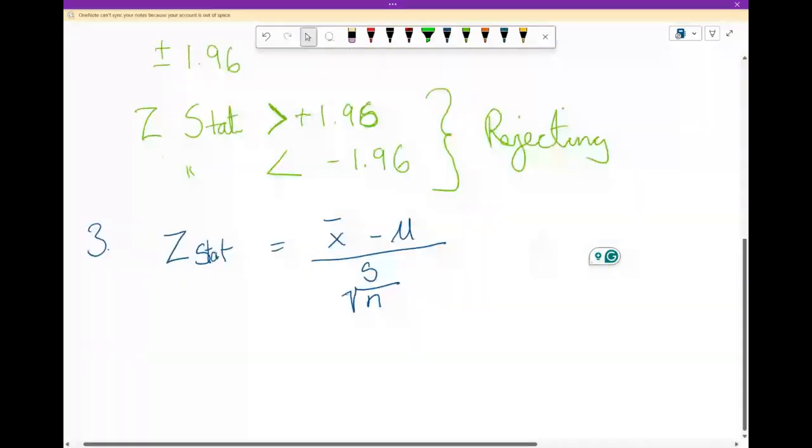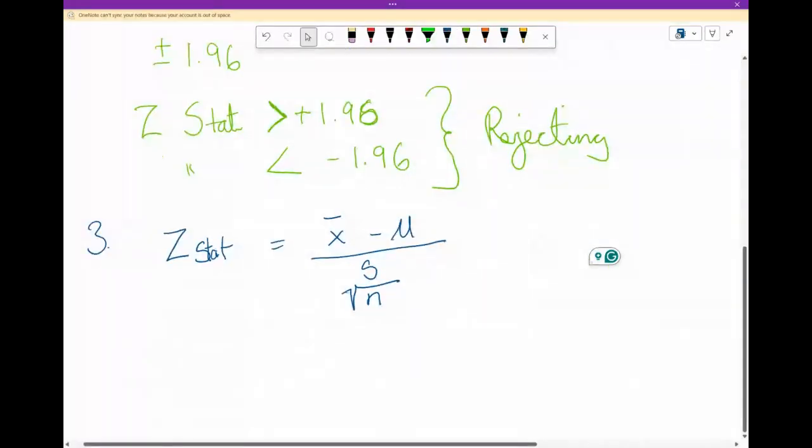You guys remember this from learning unit 7, isn't it? And here, the average that we got from the sample was 2.15.